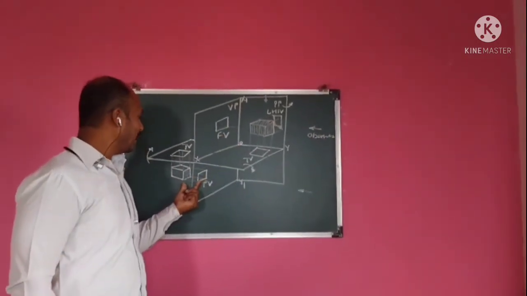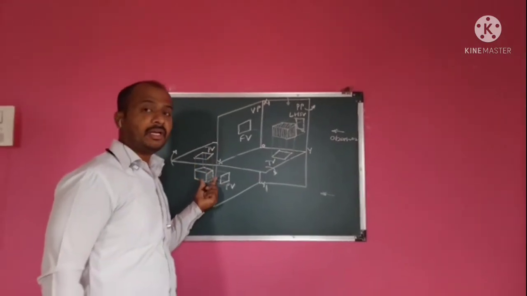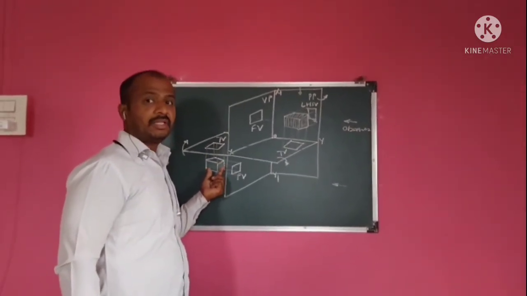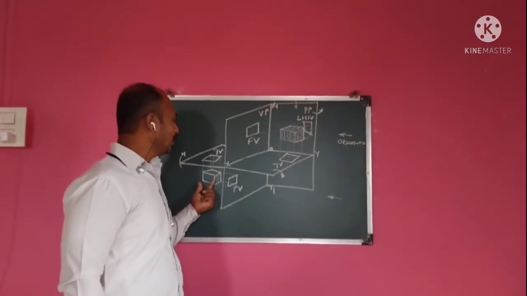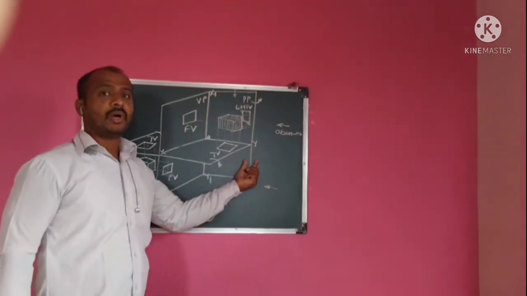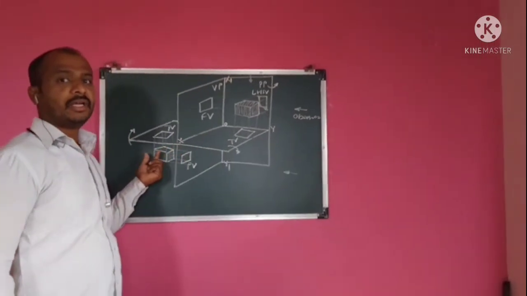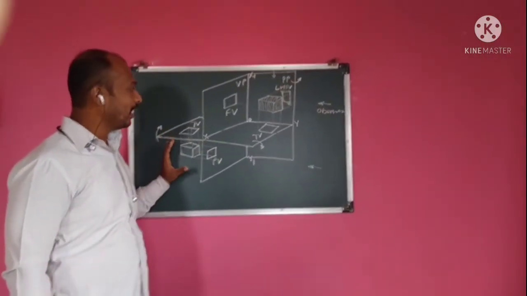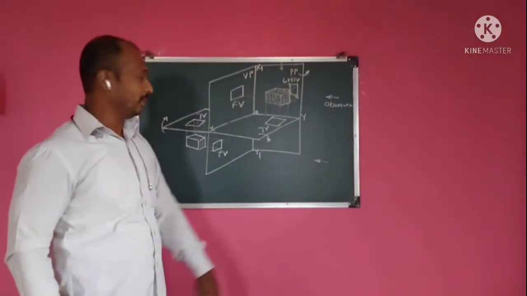In the third angle method, the object is kept in the third quadrant, that is, the principal plane is kept in between observer and the object. So this is the third angle method, this is the first angle method.